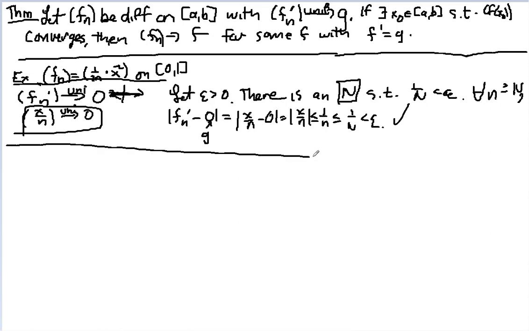Now the only thing I need to prove for the theorem is that there exists an x naught. So I'm going to let x naught equal 0.